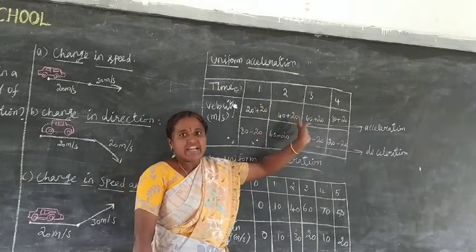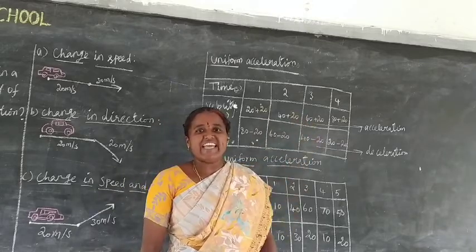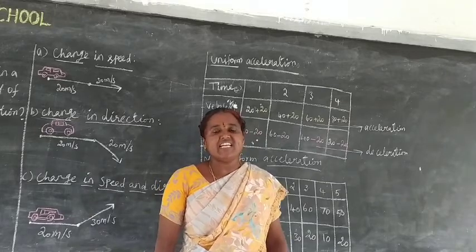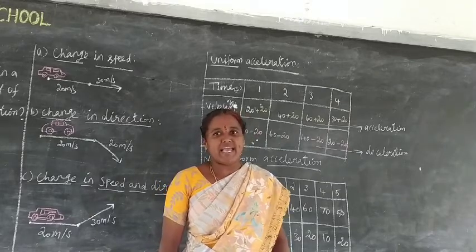When the velocity of the object is increasing by 20 meters per second, the acceleration is 20 meters per second squared.